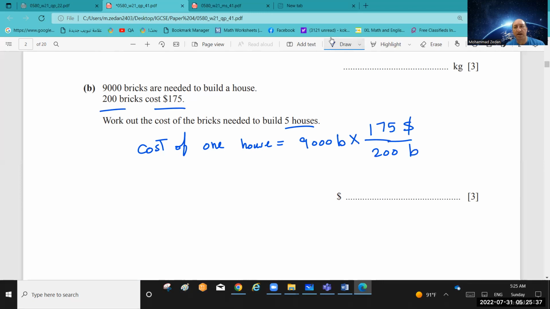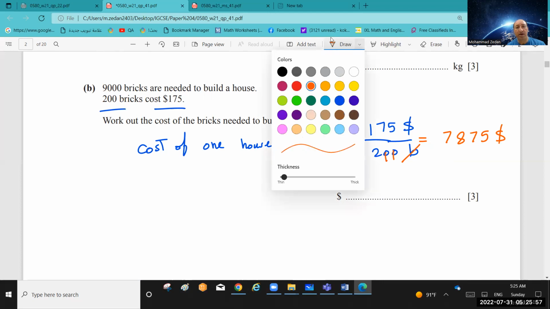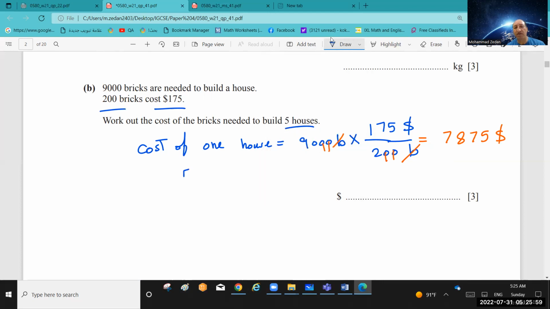So the bricks are cancelled out, and calculating this number gives you $7,875. This is only the cost of 1 house. If you want to calculate 5 houses, just multiply this amount by 5. So 5 times 7875 gives you $39,375.